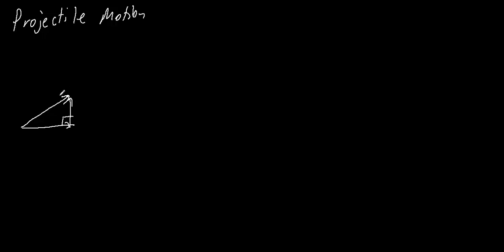Working with my vertical and horizontal parts independently can be a much more powerful tool to figure out anything about an object's motion. Say I shot off a cannonball, so I had my small cannonball shot out from this imaginary cannon, and I'm going to assume that it follows this special projectile motion.